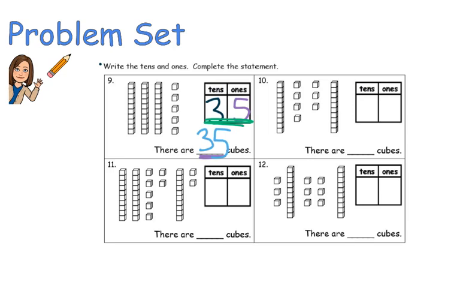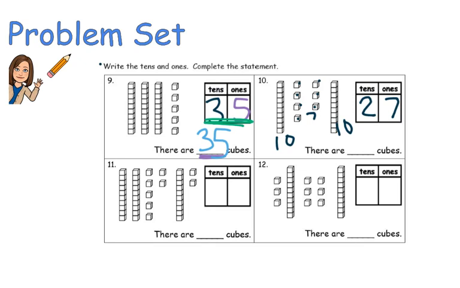Okay, look at number 10 now. First, how many sticks of 10 are there? How many 10 sticks? I see a 10 here, and I see a 10 here. So how many are there? 2. Okay, how many ones? How many blocks are there by themselves? 1, 2, 3, 4, 5, 6, 7. 7. Okay, let's see.